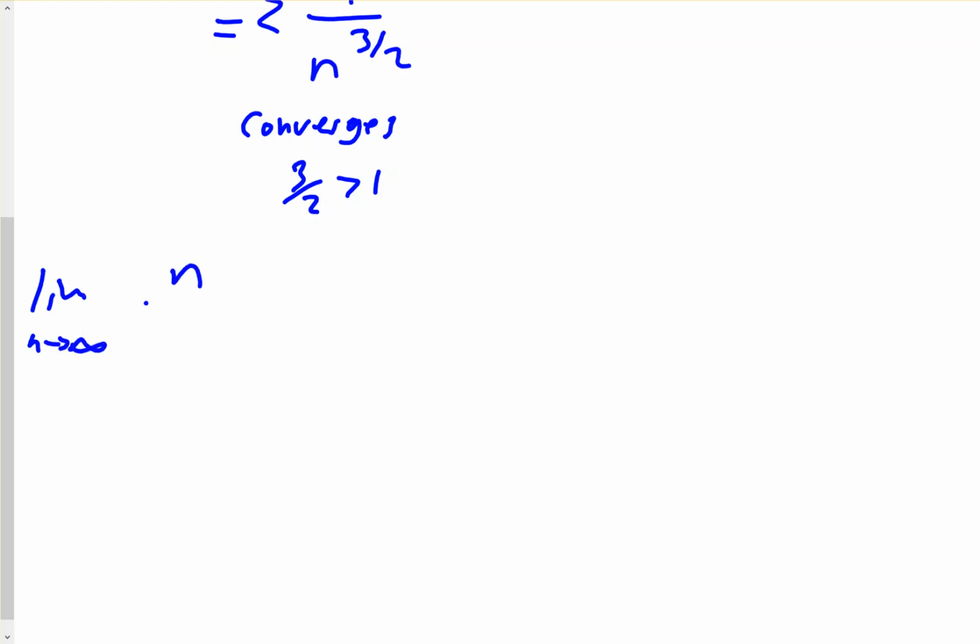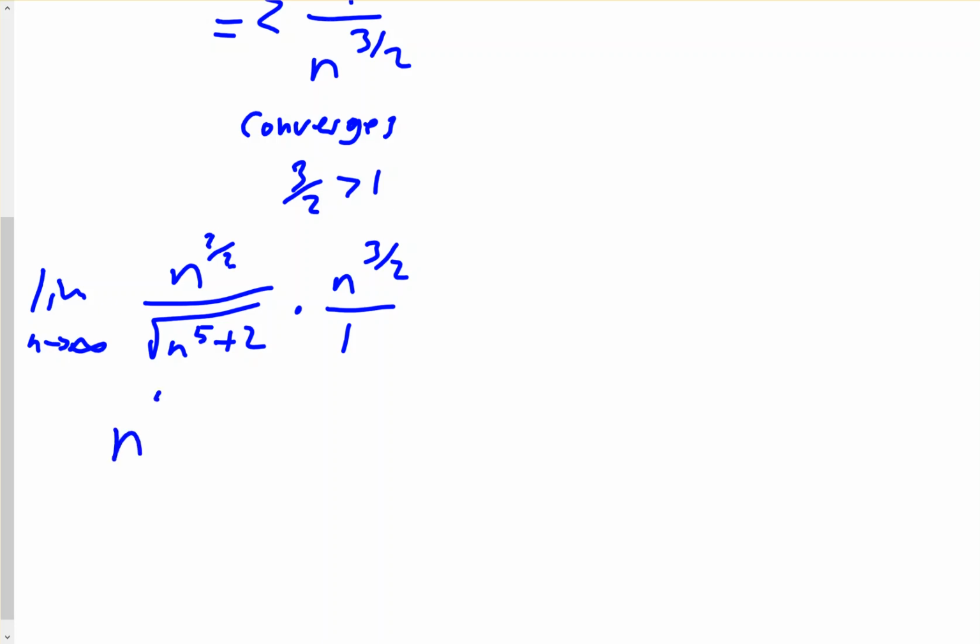So we have n over square root of n to the 5th plus 2 divided by 1 over n to the 3/2, which is the same as multiplying by the reciprocal, n to the 3/2 over 1. Okay, so multiplying this together on the top, this n is really like n to the 2 over 2 if you want to convert it. So that allows us to combine nicely.